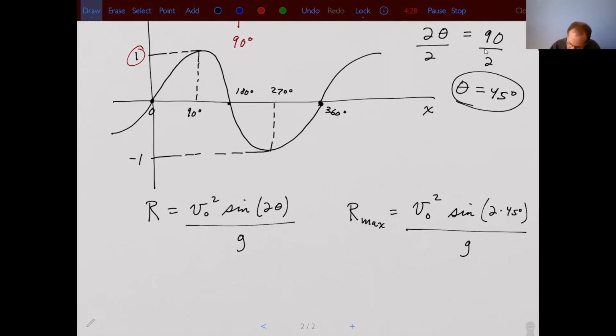But then this term, sine of 90, is just equal to 1. So that means my maximum range is equal to V naught squared over g, because times 1 isn't going to change it. And later on, when you're asked to calculate the theoretical maximum range, that's the equation you want to use. So I'll call this R max theory. Okay, great.